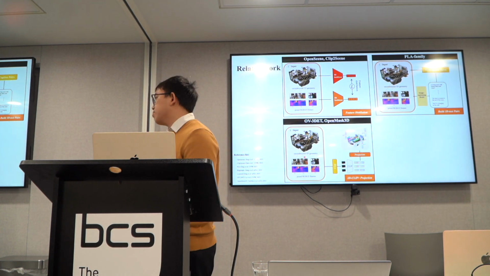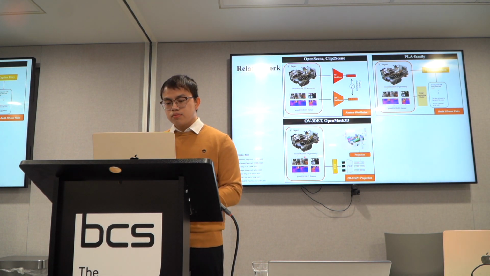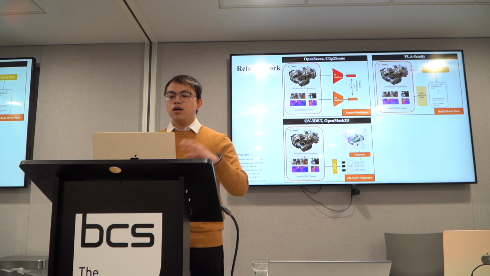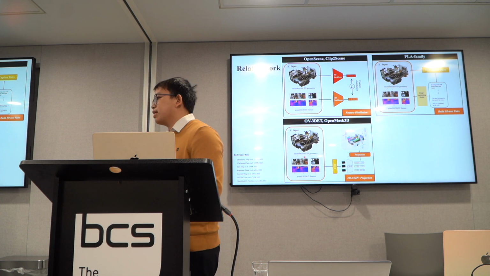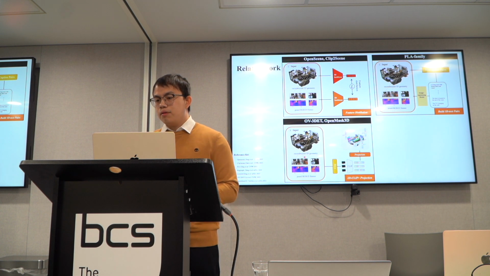You just fit them into a CLIP model, and CLIP can tell you what they are. You ensemble all the results you get from multi-view images, and you project them back to 3D. In that case, you can understand each instance and its class.